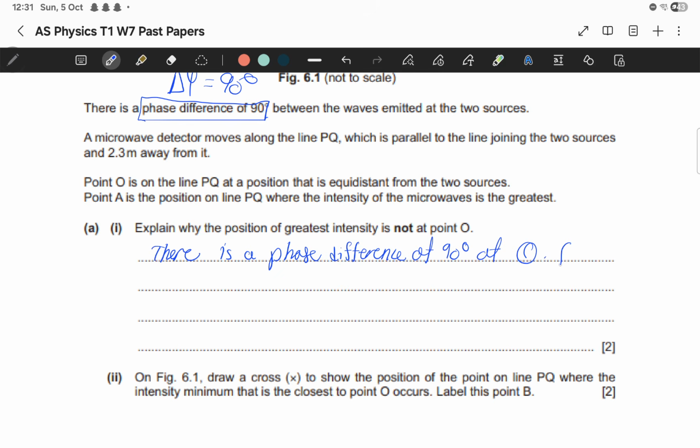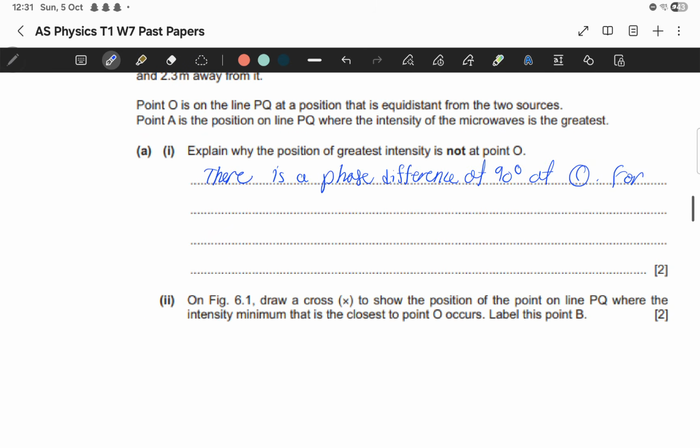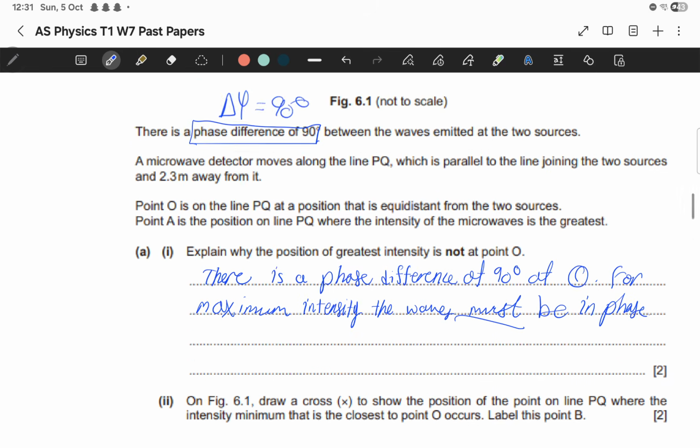And then you have to say for maximum intensity the waves must be in phase. So phase difference has to be 0. Okay, that's what that's essentially saying.